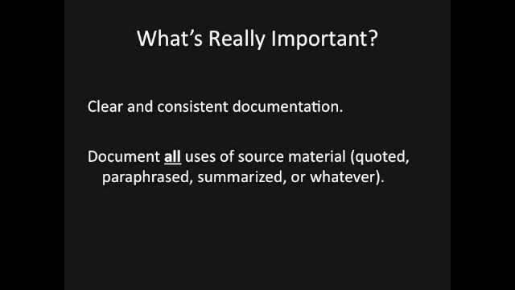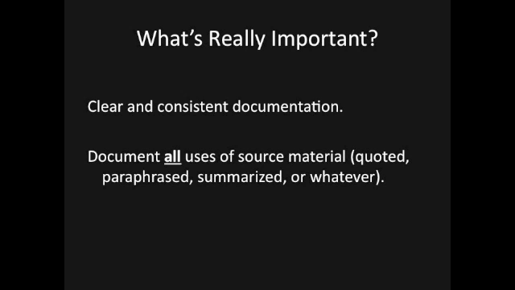Any information at all that comes from a source, whether it's an idea or just a fact that you found in a source, or if it is a direct quotation, any of those things have to be fully cited. You have to put the in-text citation after them, and you have to have a works cited entry to correspond with that citation to tell the reader more about that source. That's really the most important thing about documentation.